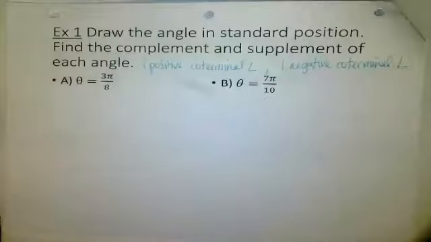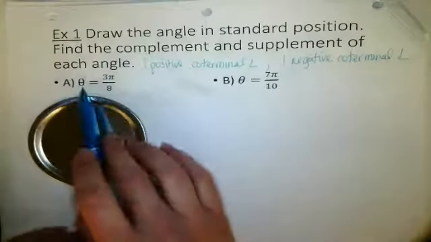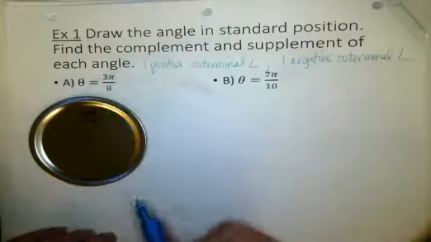All right, so we have a bunch of things to figure out here. And again, I'm going to start. The angle theta that they're giving me is 3 pi over 8.